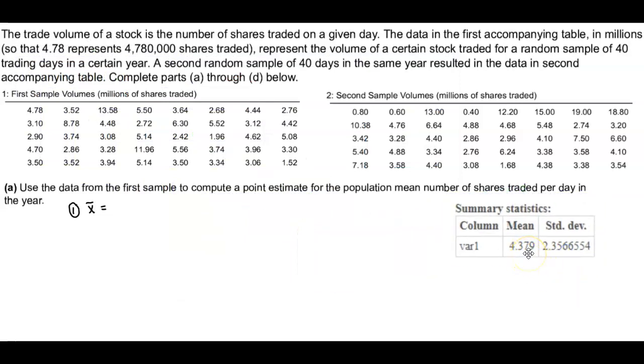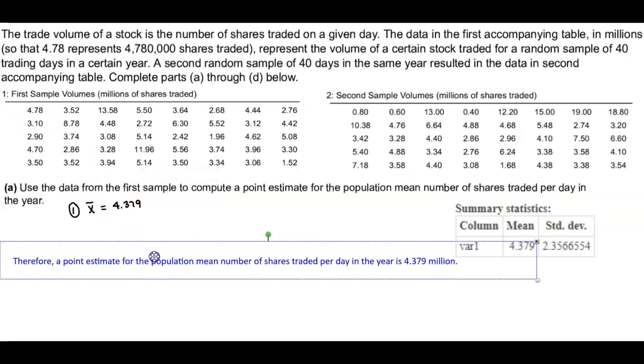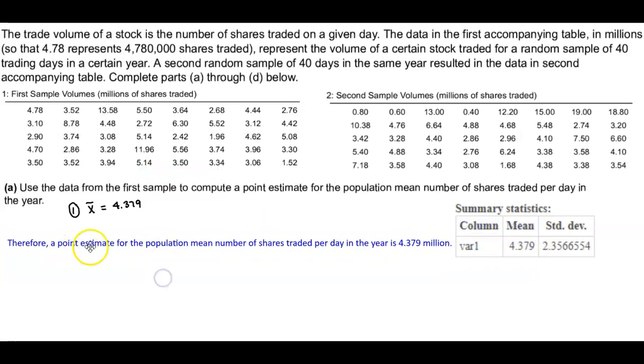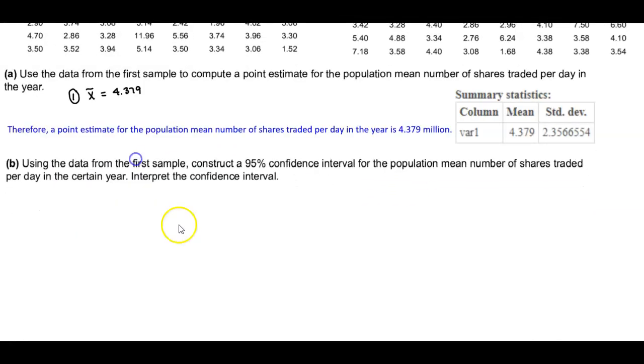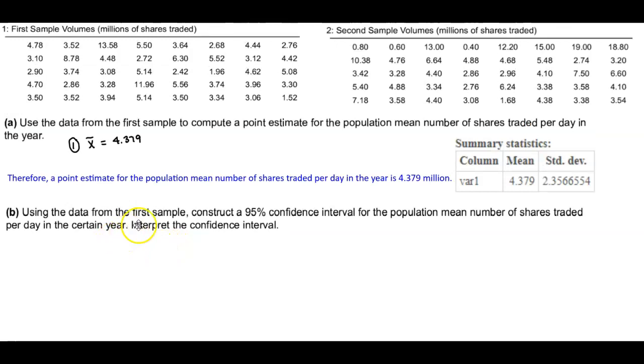If we look at the mean here, the mean is 4.379. And so we're going to say that a point estimate for the population mean number of shares traded per day for sample 1 is 4.379 million.